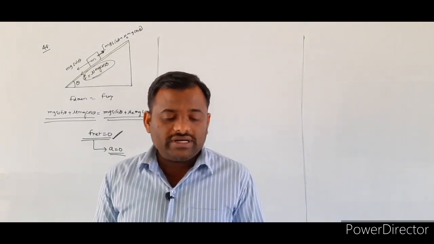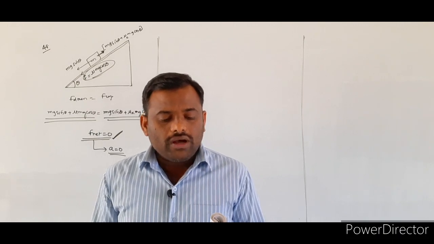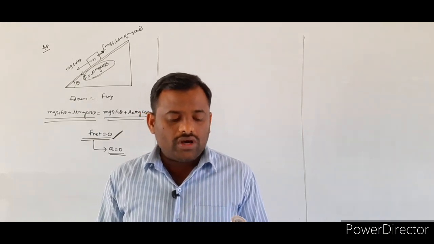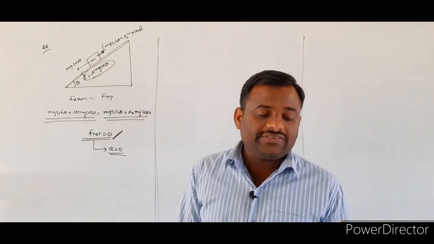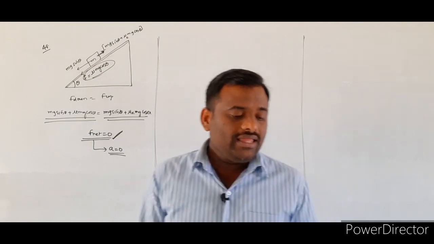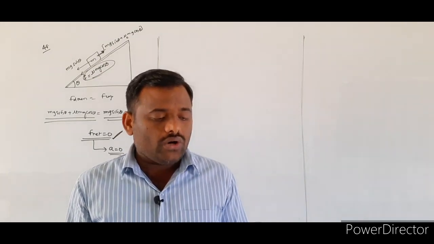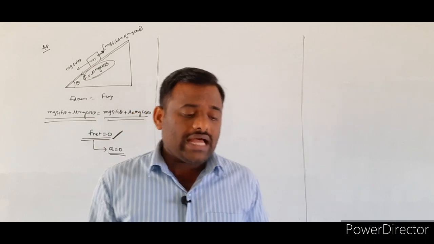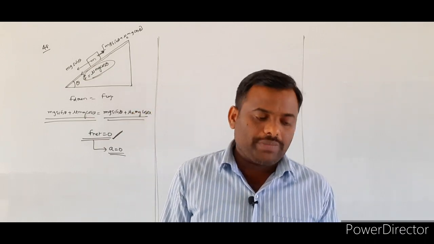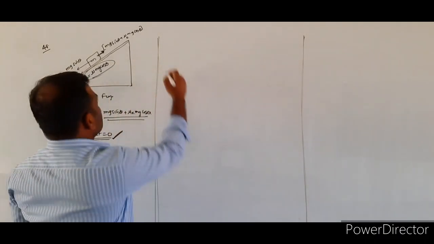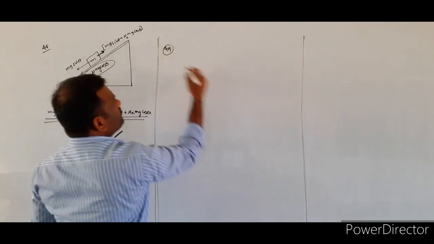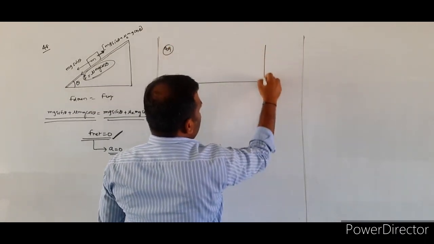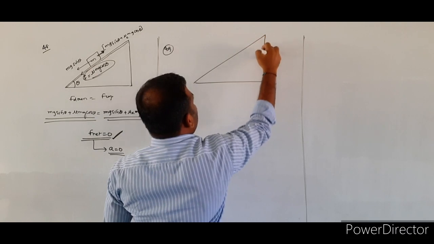Next, 49. A block of mass m and surface area capital A begins to slide down an inclined plane when the angle of inclination is pi by 5. So, it is also a rough inclined plane concept. An object will be placed over the rough inclined plane.